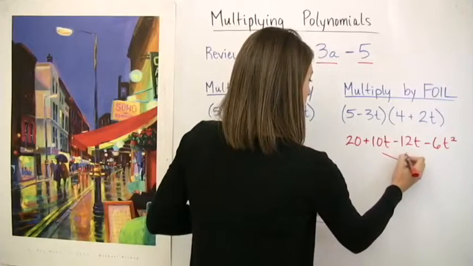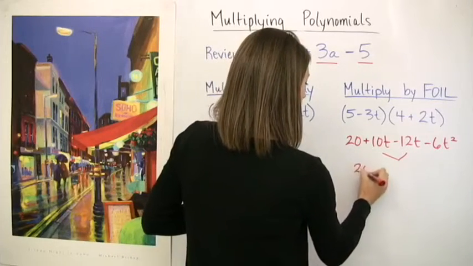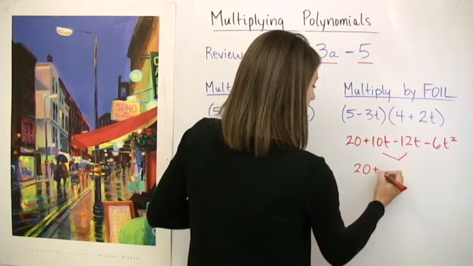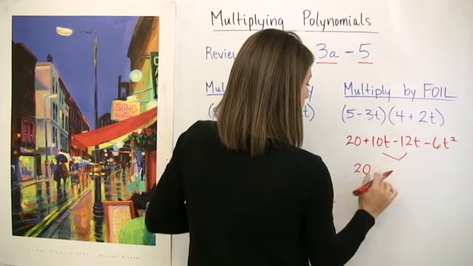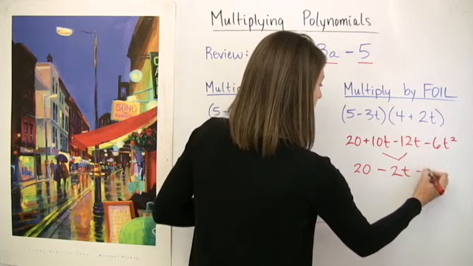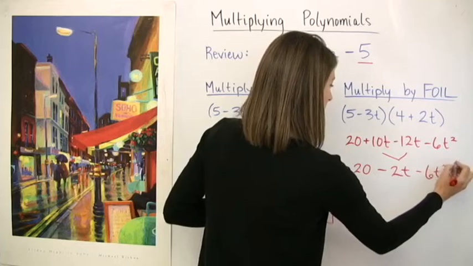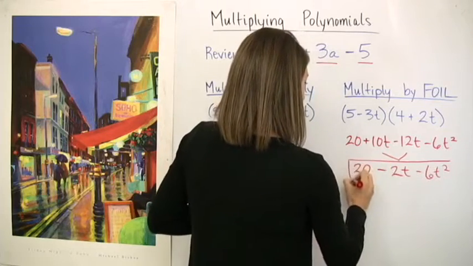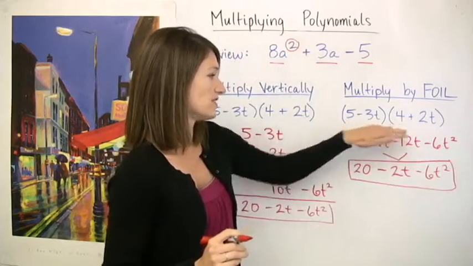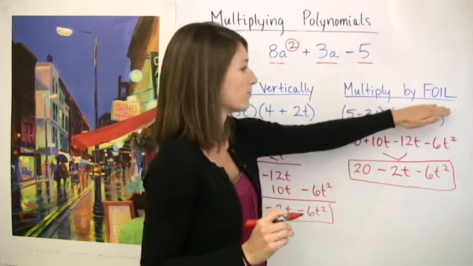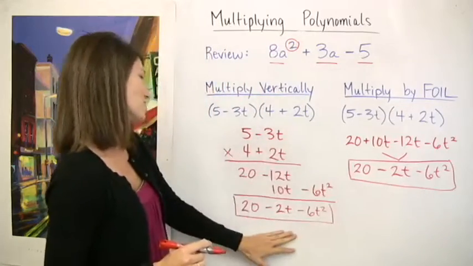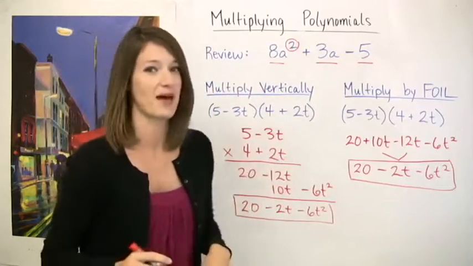We have two in the middle, so we have 20 plus 10t minus 12t, and we're going to change this to a negative 2t, and then negative 6t squared finishes it up. So this is our product when we multiply these two polynomials by our method of FOIL. So as you can see, our answers are the same even though we used two different methods.